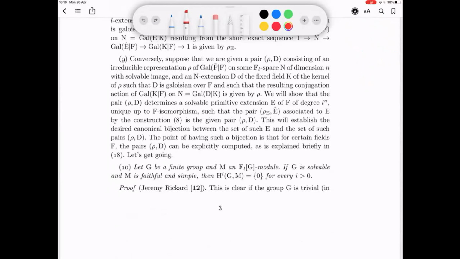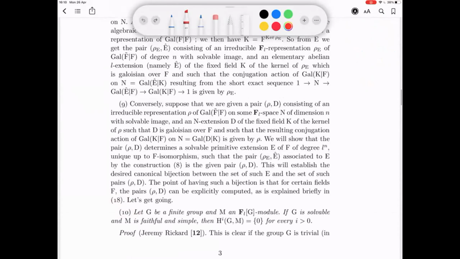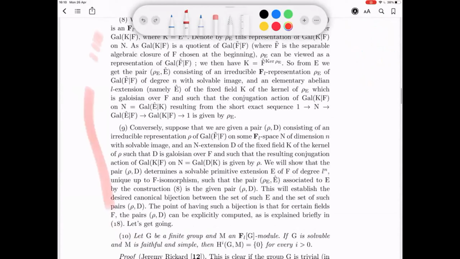I'll finish here today and explain a little bit more as to what we are parameterizing these things by. So what we have is a field F, which is fixed, and L to the n is a prime power.